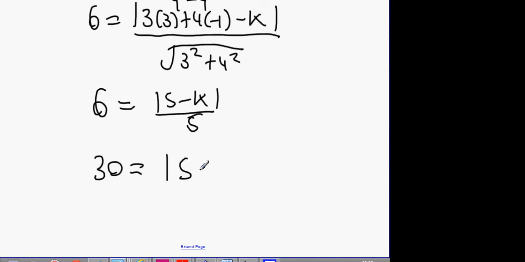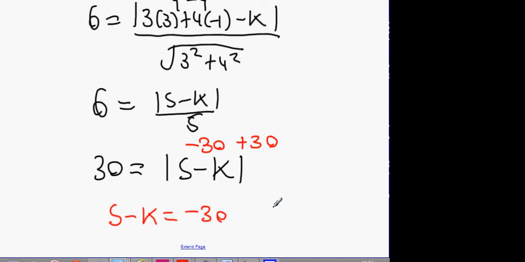You have two options. Option 1, square both sides, get a quadratic equation and solve. Option 2, this has to be minus 30 or plus 30 for the modulus, for the distance to be 30. So we can say 5 minus k equals minus 30, or 5 minus k equals plus 30.